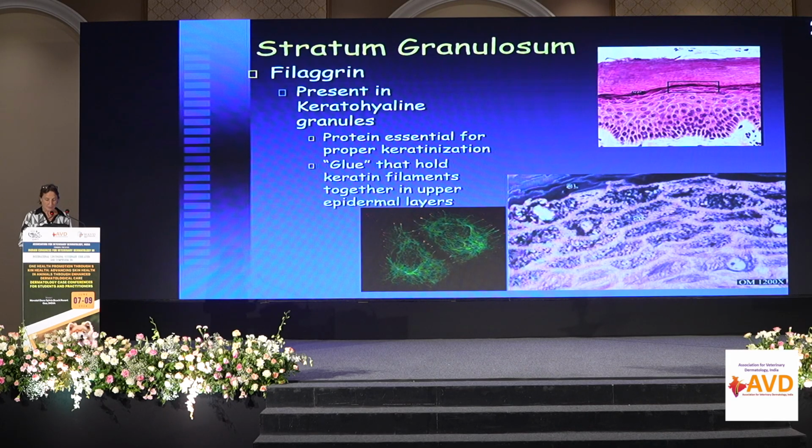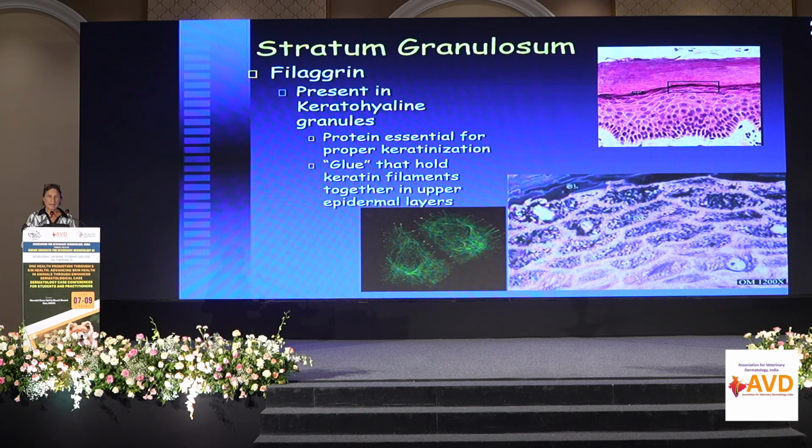So filaggrin is a key protein. It's a key protein because when we talk about atopic dermatitis, there is increasing evidence that filaggrin is affected, whether it's a primary change in filaggrin, genetically inherited, or it's secondary.